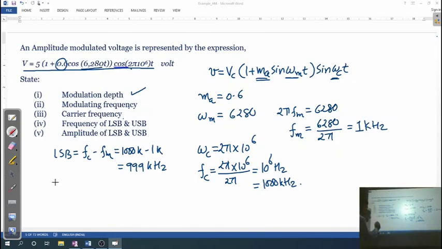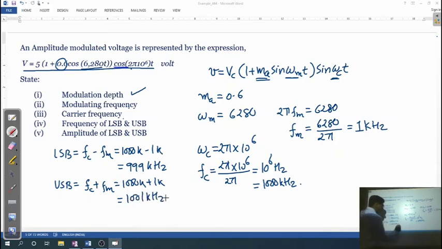Then what is the frequency of the upper sideband? Fc plus Fm, 1000k plus 1k, so this comes out to be 1001 kilohertz. This is a simple addition and subtraction. So we have calculated the modulation depth, modulating frequency, carrier frequency, and frequency of the LSB and USB.